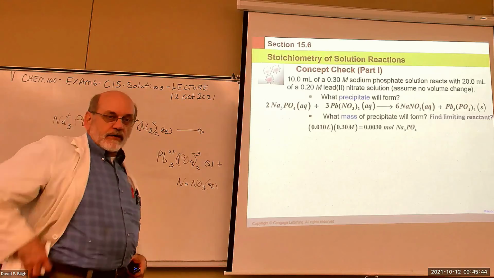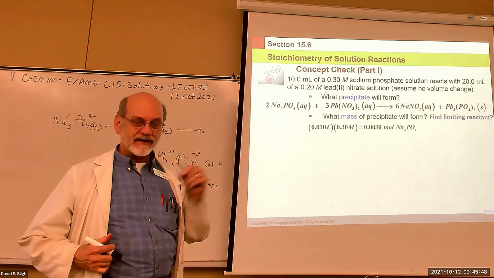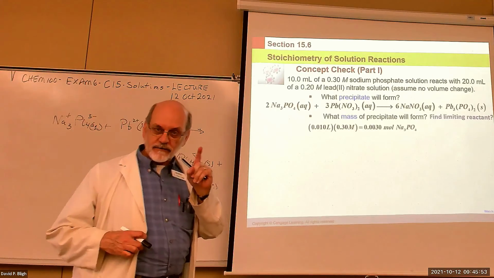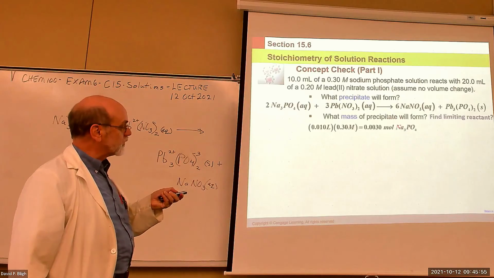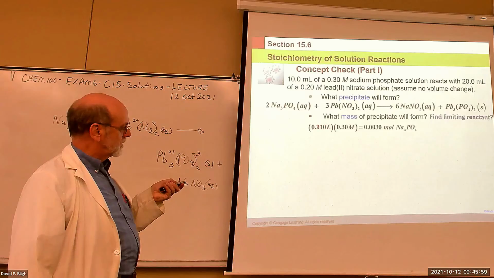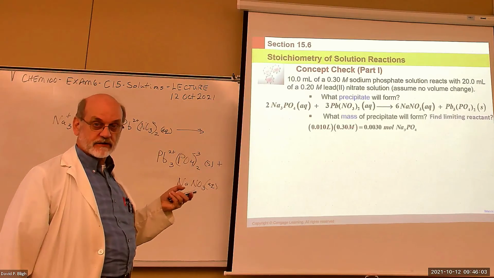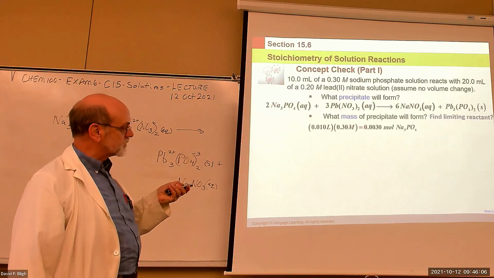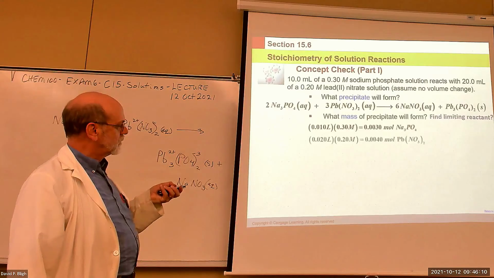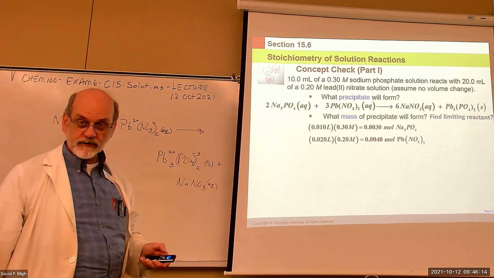Now what we have to do is find out, since we're given absolute amounts of both reactants, one of them is limited. So we have to find out how many moles of sodium phosphate are in that solution: this volume times the concentration, just like our definition tells us, gives us this many moles of sodium phosphate. And then we do the same thing for lead 2 nitrate. So we have that many moles of lead 2 nitrate.